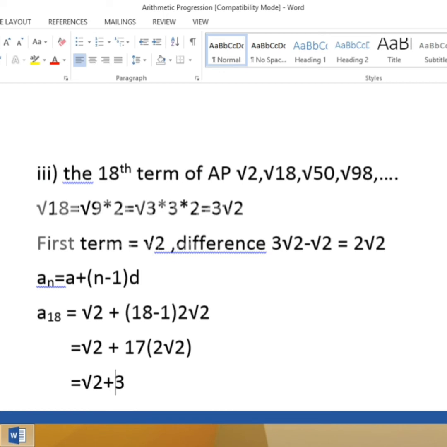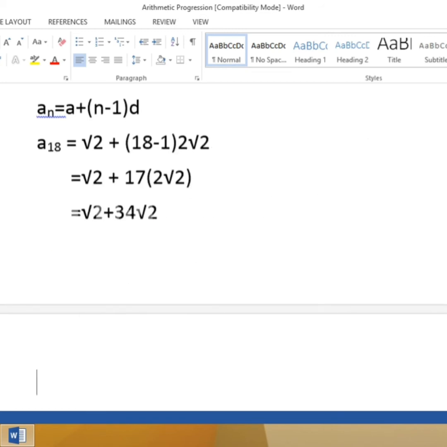Plus 34 square root of 2, so it's just an addition. The answer is 35 square root of 2. So the 18th term is going to be 35 square root of 2.